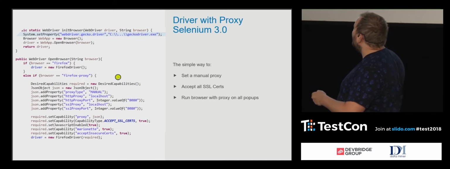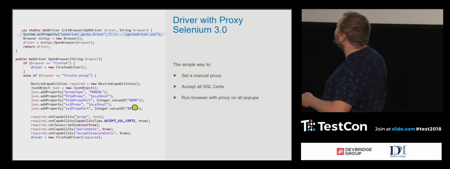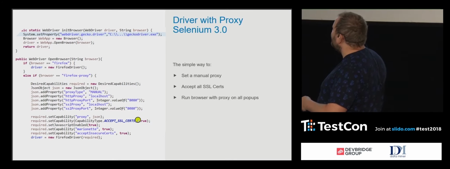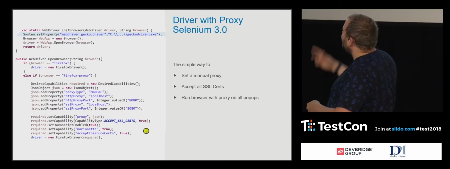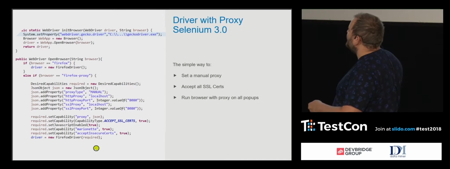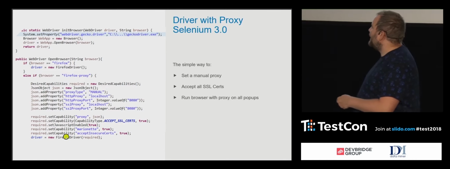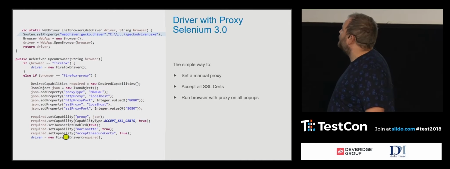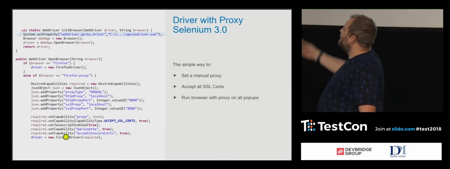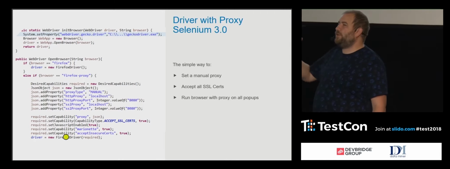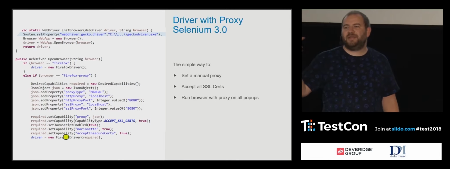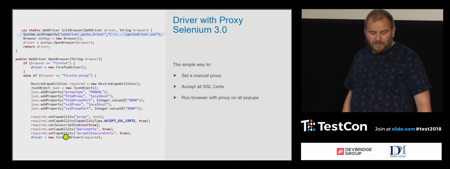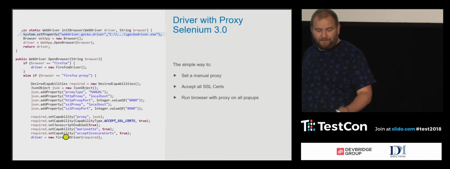So you set the localhost and the port numbers. Here there was only an additional capability set specific to Gecko driver to accept all the certificates for HTTPS, because there was a slight change in Gecko driver that meant even if we enabled the proxy, it was still showing an exception that different certificates were being used. So this was a fix to make sure that's not a problem.